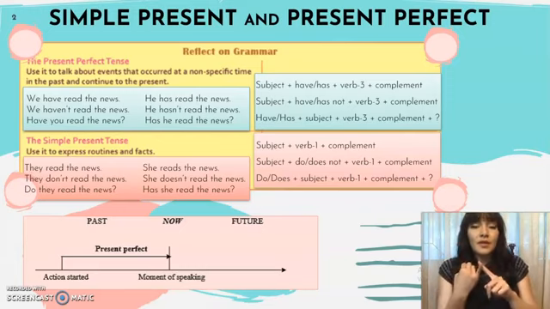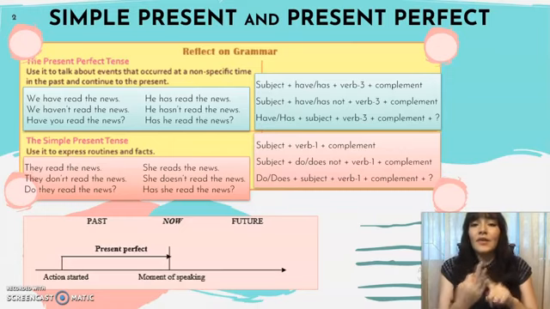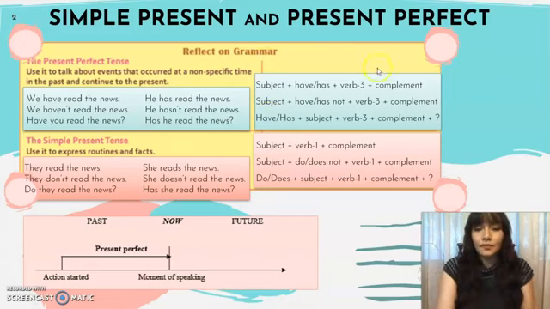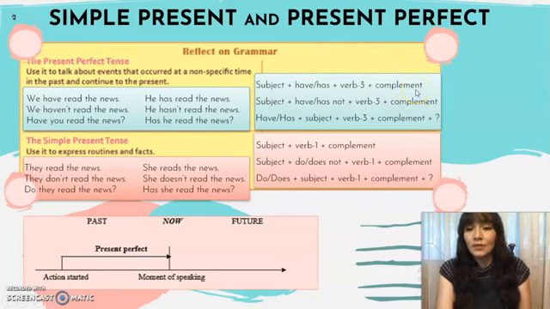The first part is the verb in the base form. In the second part, we have the verbs in the simple past. And in the third part, we have the verbs in the past participle. So we are going to work with the verbs in the past participle. This structure is for positive statements.